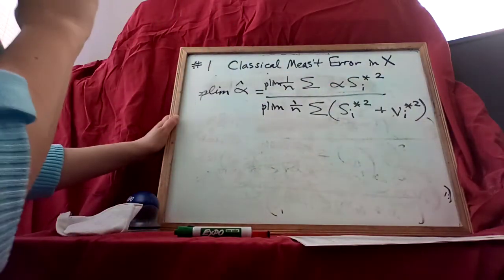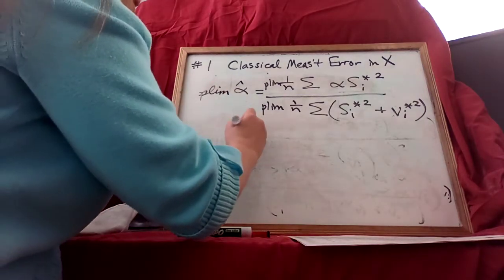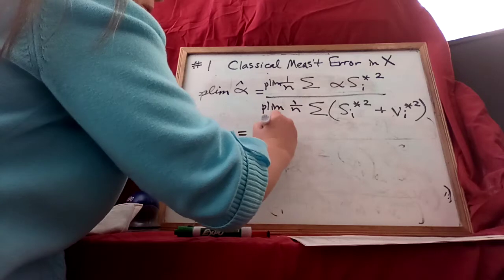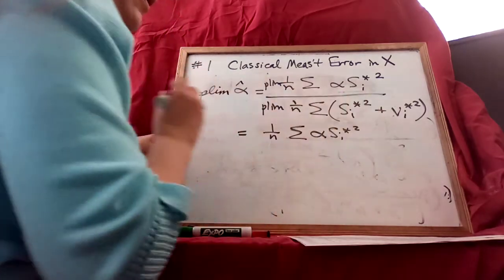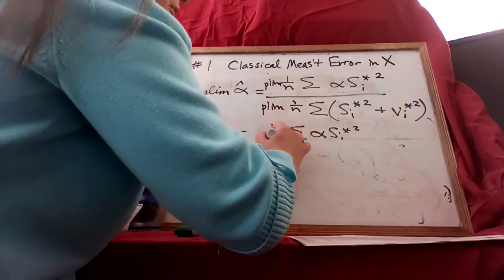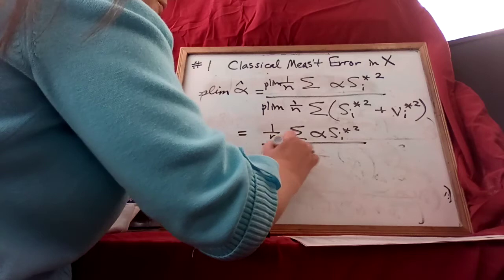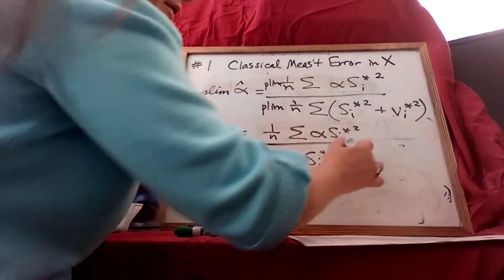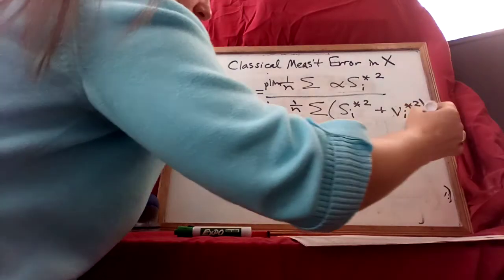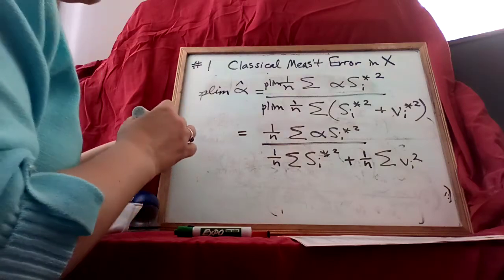Those middle terms fall out. We can simplify this a little bit further. Same numerator, but we can break up the denominator, and this gets helpful. So 1 over n sum of S_i star squared plus 1 over n sum of V_i squared.